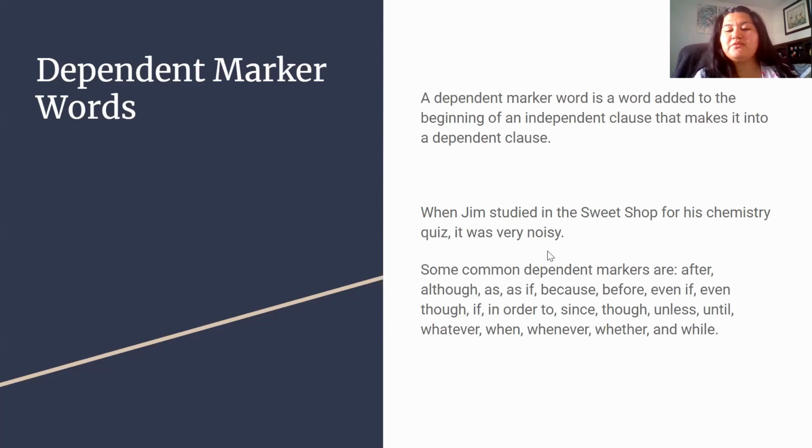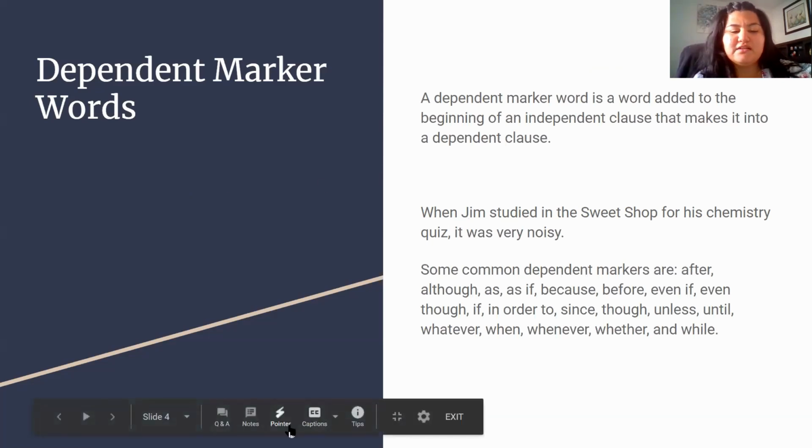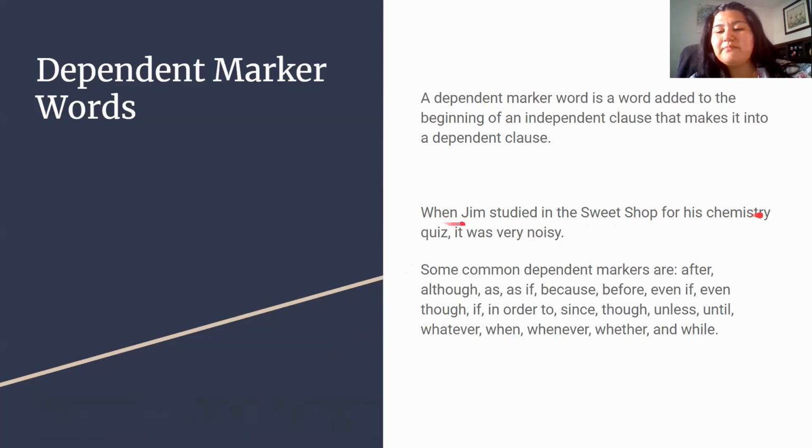Going back to our example, if we ignore "when," this is the sentence we had before: Jim studied in the sweet shop for his chemistry quiz. That was our independent clause. But we added the dependent marker word "when," and it became a dependent clause: When Jim studied in the sweet shop for his chemistry quiz.